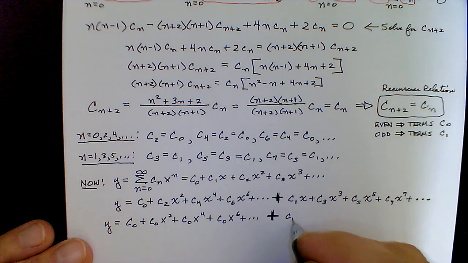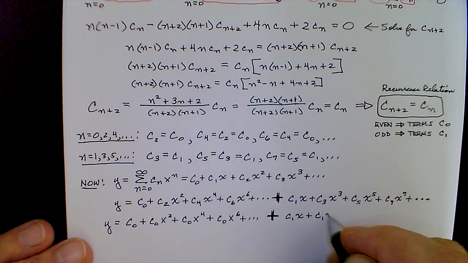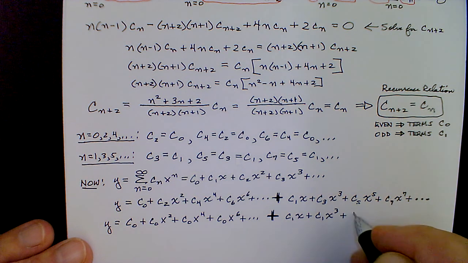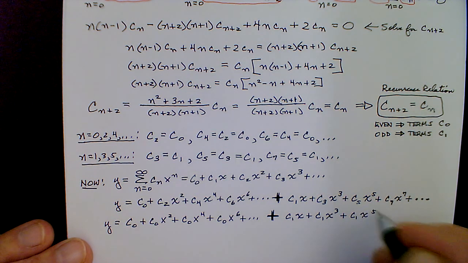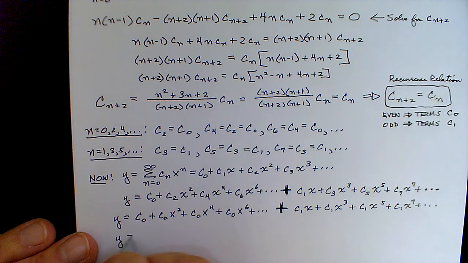And all the odd c's are c sub 1s. So c sub 1x plus c sub 1 x cubed plus c sub 1 x to the 5th plus c sub 1 x to the 7th, and so on. So let's factor out the c sub 0.